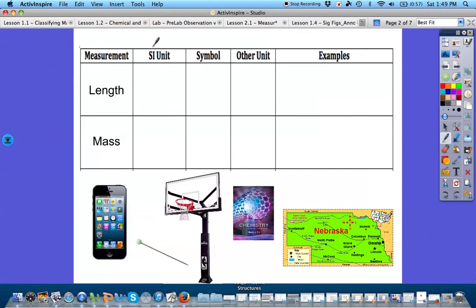We are going to talk about the SI units, which stand for the International System of Measurement.